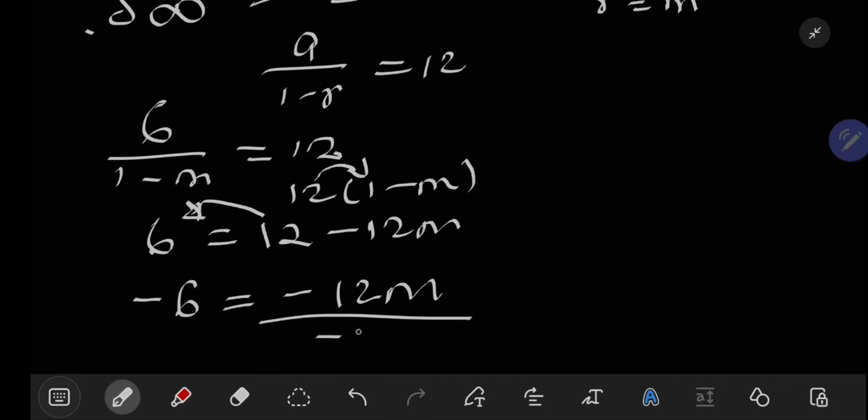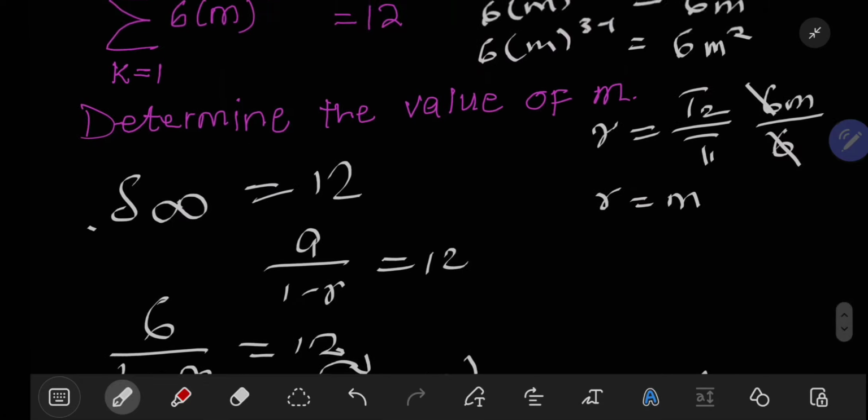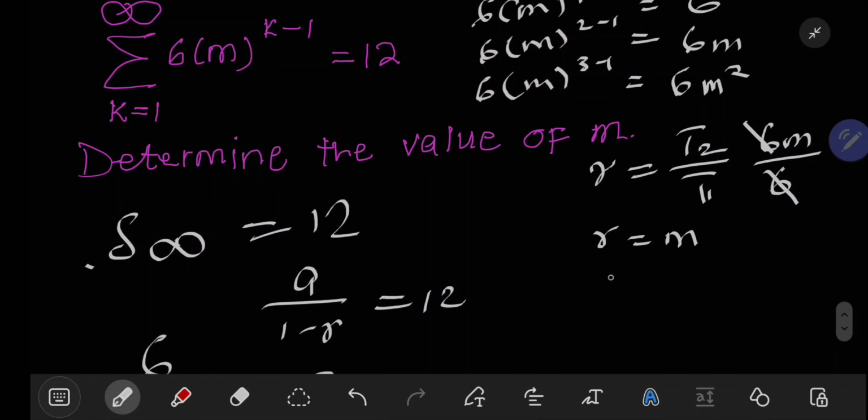Then dividing both sides by negative 12, negative divided by negative is positive. Then our m value becomes 1 over 2, which is equivalent to 0.5. So this is your m value, which is your r. It means our r in this case is 1 over 2.